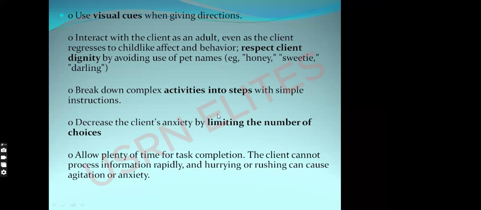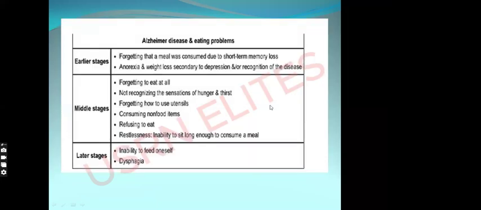So with the stages and their eating problems, in the earlier stage, they even forget that a meal has been consumed due to short-term memory loss. So they will eat right now, and in the next 5 or 10 minutes, when you ask them if they have eaten, they'll tell you no.